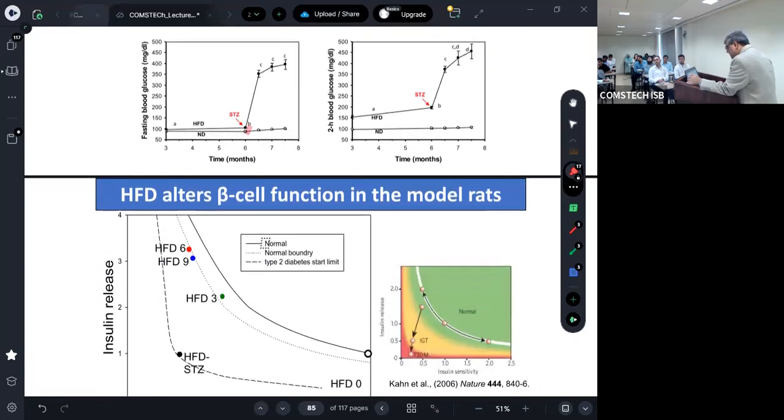So here, fasting glucose at 6 months, there is a rapid jump of blood glucose, and then it continues. In 2-hour blood glucose also, there is a rapid jump at 6 months. Okay. It makes a diabetes model, or obese diabetes model.